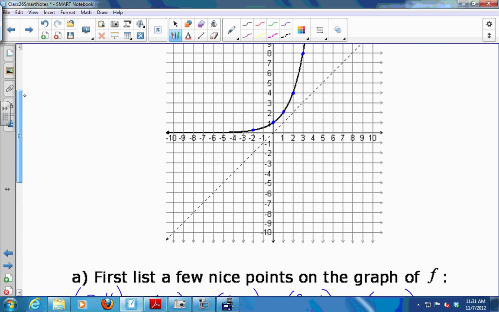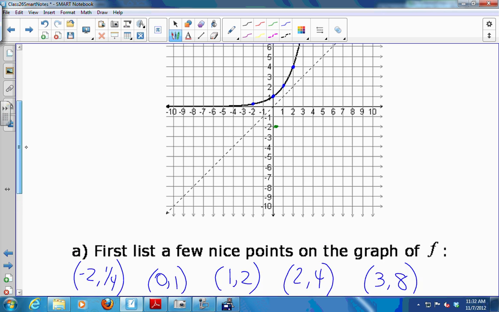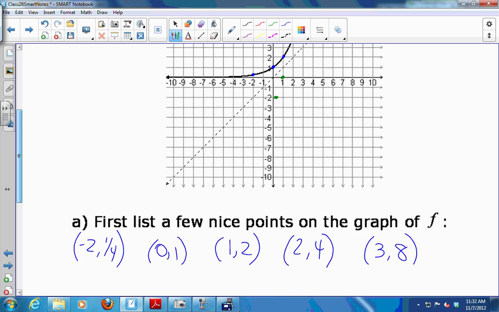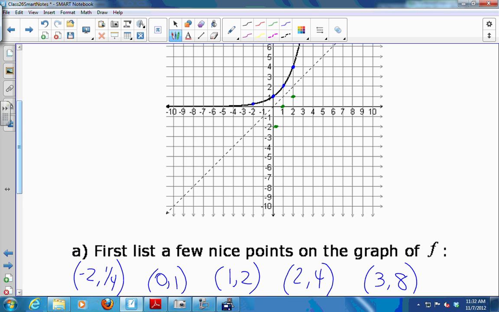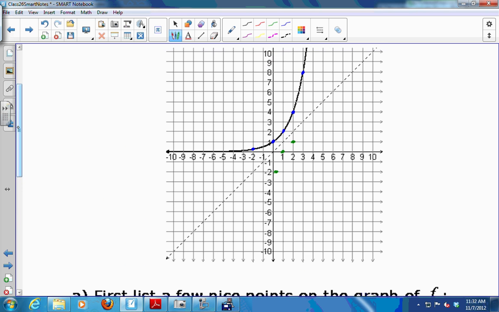So 1/4, -2 is right there. And then 1, 0, 2, 1, 4, 2, and 8, 3. I'm going to connect these with a nice smooth curve.